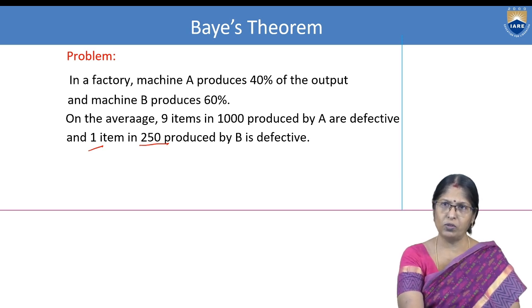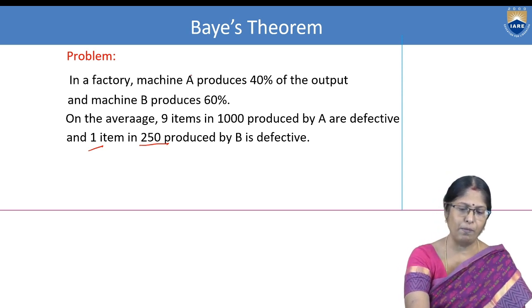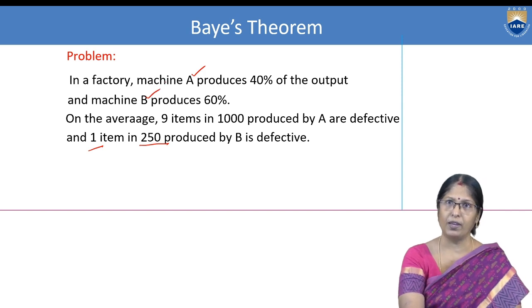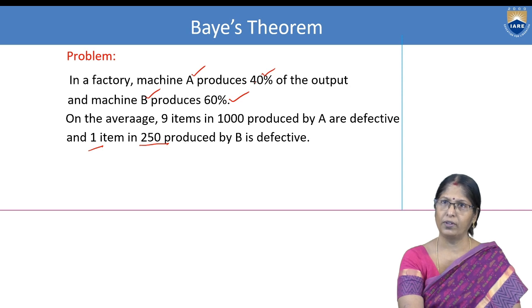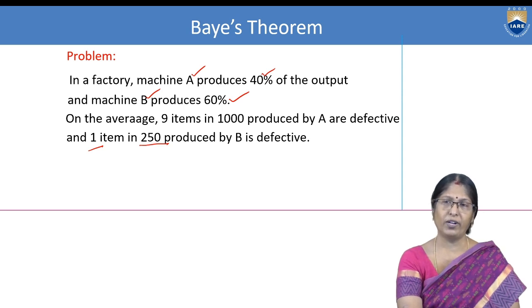First, these 4 lines are there. In these lines, we first have to pick up our main events. That is machine A and machine B, with their percentages 40% and 60%. So we are very clear about the main events. Now one more event should come. We read the question once again.